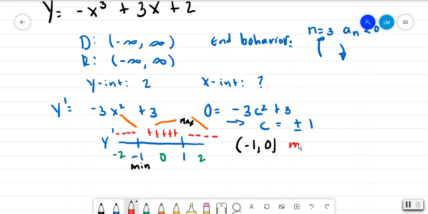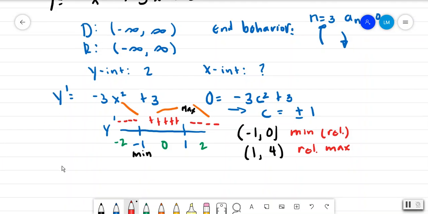Technically, that's relative because the range is minus infinity to infinity. Then if you plug in 1, you're going to get 4. So that's going to be your other relative extrema, which is in this case a max.